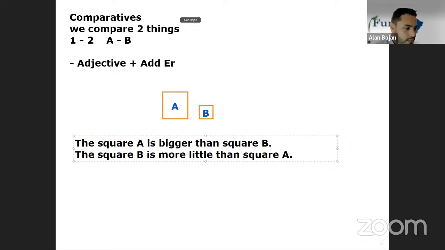Teacher Alan, in the structure, we need to add than. Always, if you are comparing two things in the same sentence.